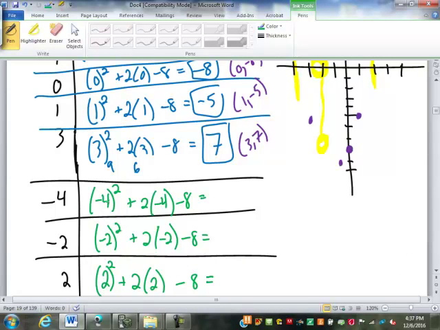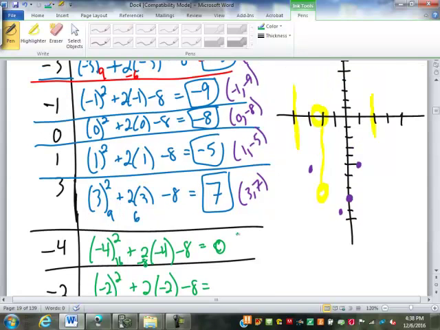So if x is -4, we've got -4 squared is 16. 2 times -4 is -8. 16 minus 8 is 8, minus another 8 is 0. So x is -4, y is 0.